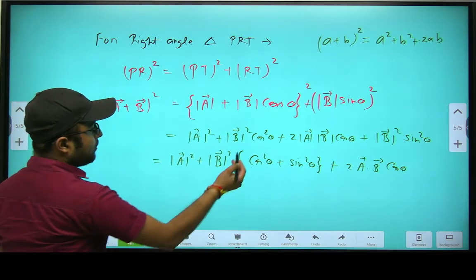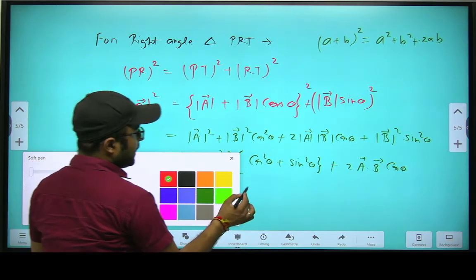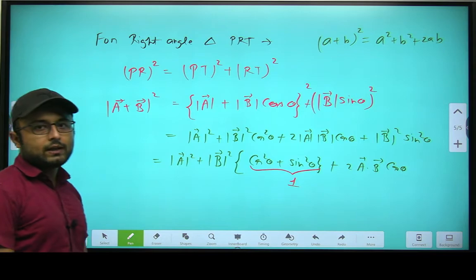Now this is a trigonometrical identity, that cos square theta plus sin square theta is 1.